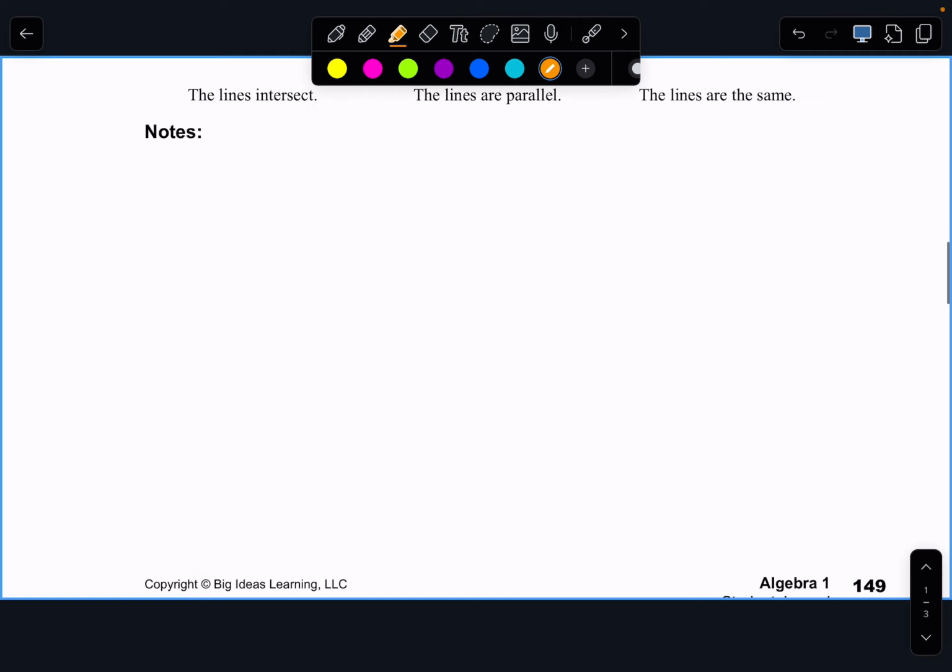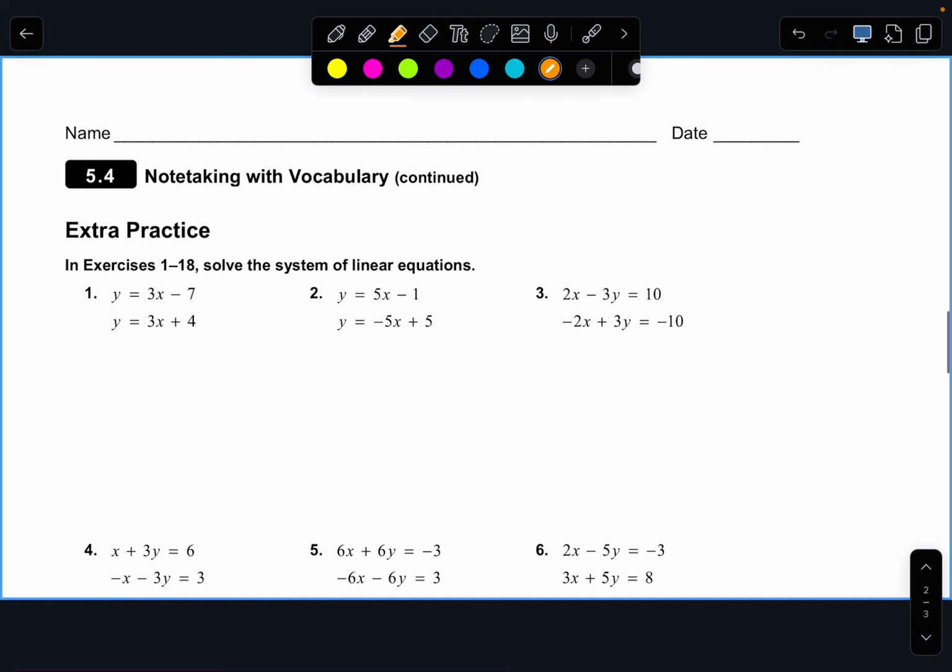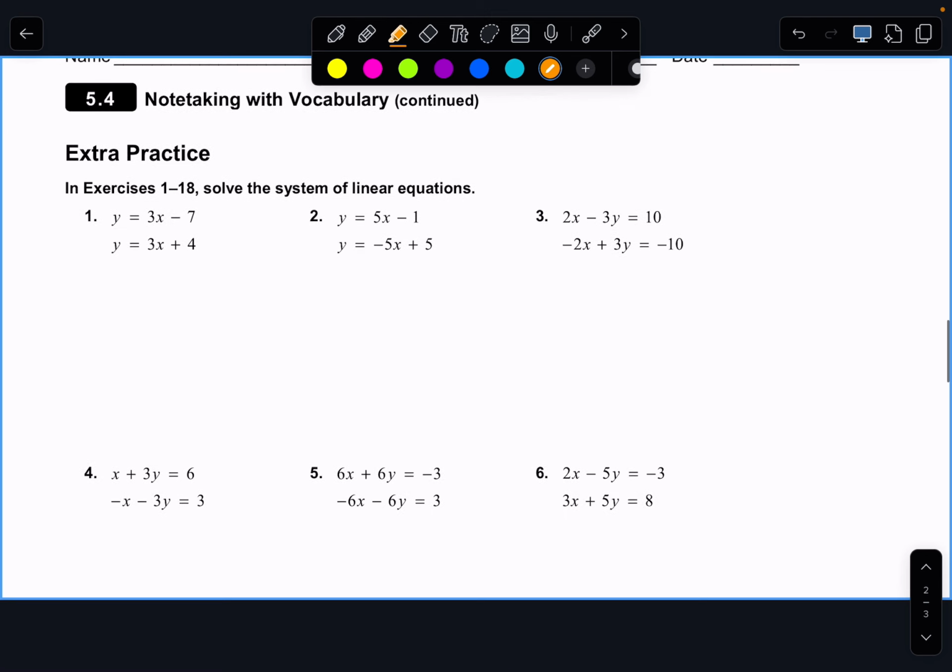Turn the page. We are not going to solve number 1, but we know number 1's answer without having to graph it.